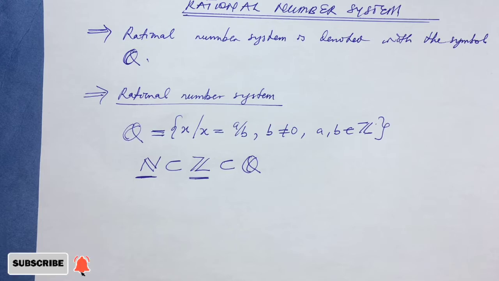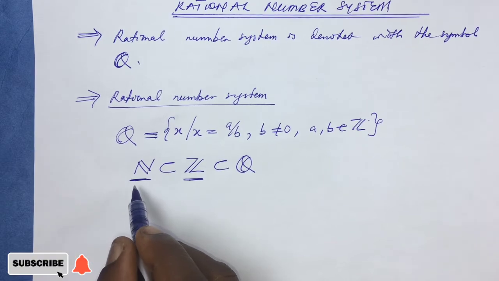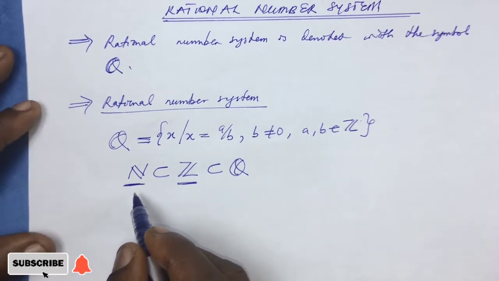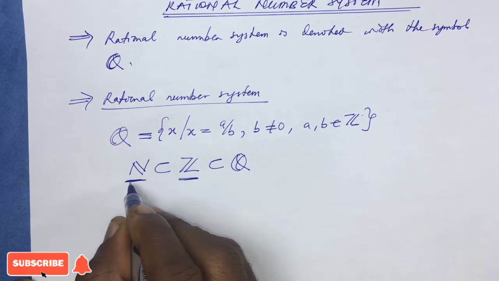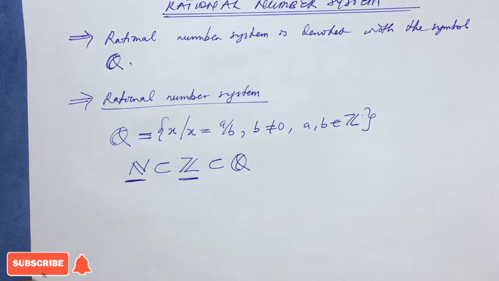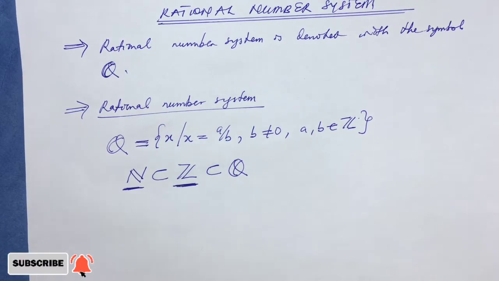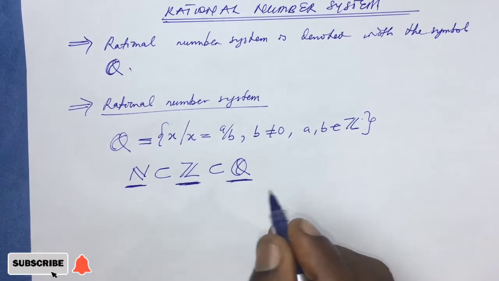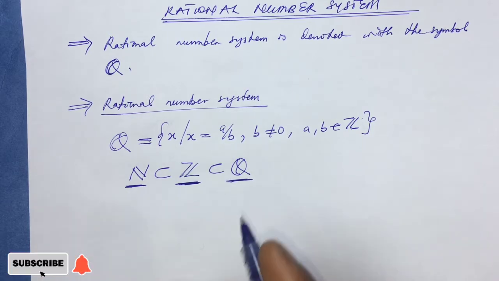Now take note, if you have watched our videos on natural numbers, you will notice that for natural numbers we had positive whole numbers. But in the integer number system, we had positive whole numbers, negative whole numbers, and 0. Then in this system now, every number that can be expressed as a ratio of two integers is accommodated.